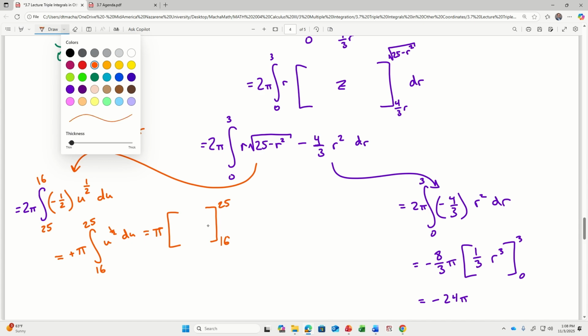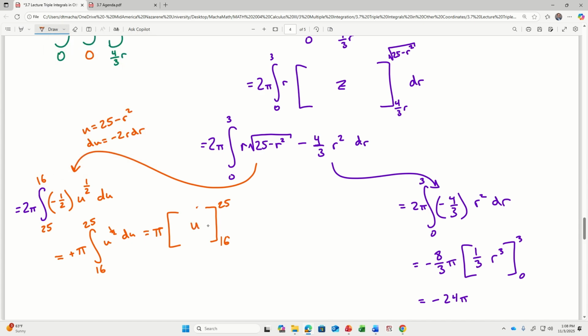Antiderivative of u to the half power is going to be u to the 3/2 power times 2/3. And then 25 to the 3/2 power is going to be 125. 125 times 2 is going to be 250 over 3 pi minus 16 to the 3/2 power is going to be 64. 64 times 2 is 128 thirds pi.